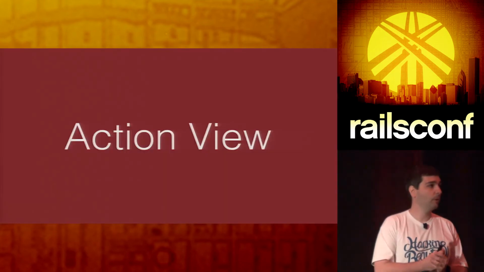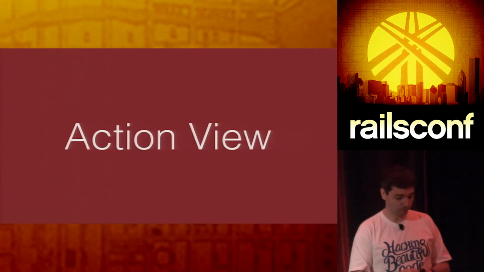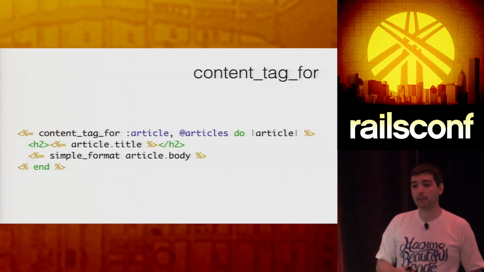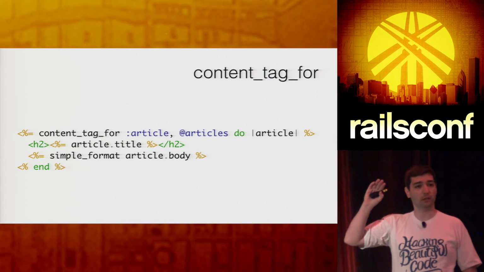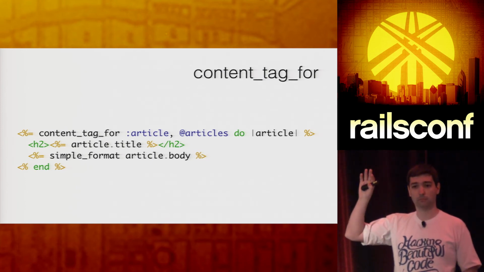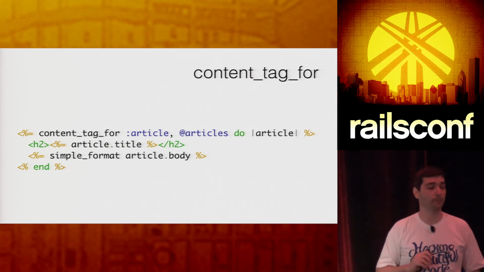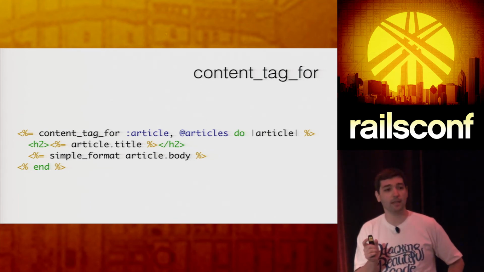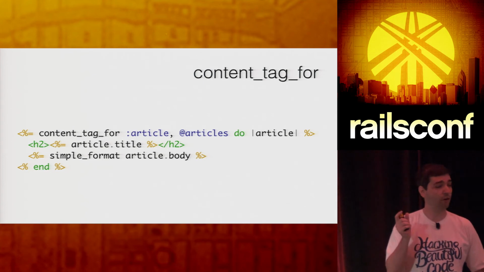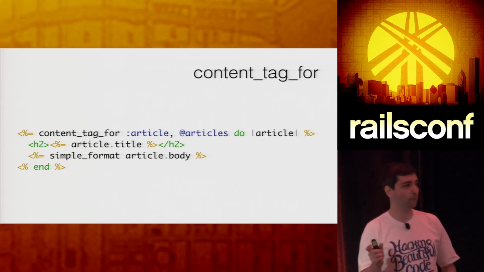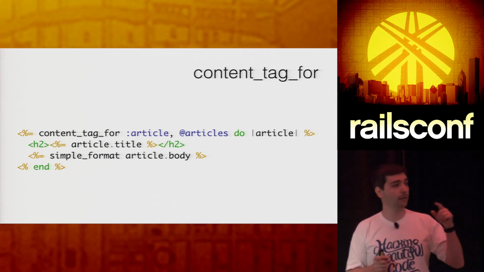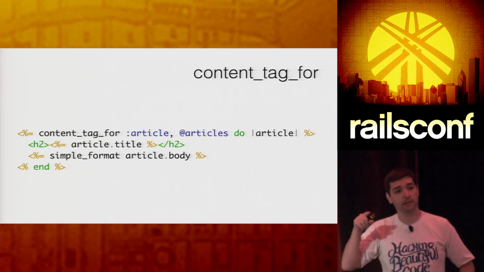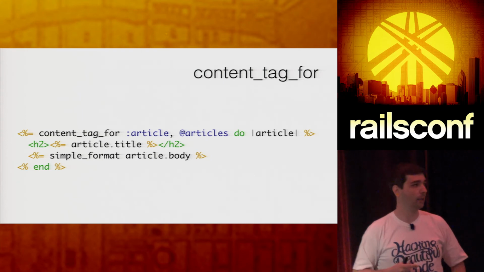Okay, let's talk a little bit about Action View now. So, content_tag_for, have you ever used div_for? Anyone? Okay, some. Right, so content_tag_for allows you to pass in which tag you want to generate for a list of objects, a collection of objects. So, for each object in that articles collection, it's going to generate an article tag with an ID and a class for that article.